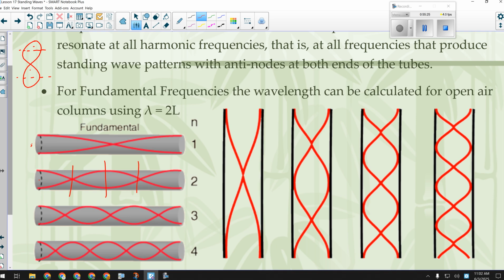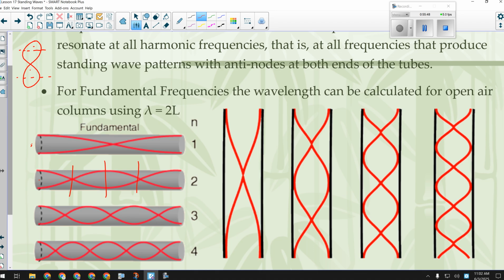How many wavelengths are in there? One. Does that make sense? We have to be able to look at a waveform and say, how many wavelengths is that? That's just wave structure. It doesn't always lay out quite the way we would imagine it.